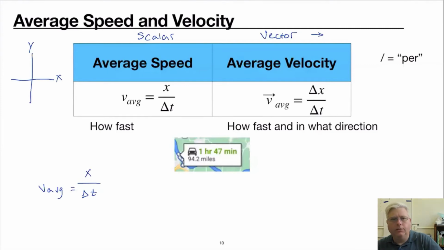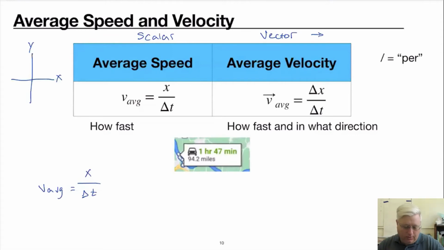But in this class, we're really going to start off keeping things simple, and so we're going to start off with talking about speeds and velocities just in one direction. So we'll start with talking about them just on the X axis, sort of like a number line. We're not going up and down, we're just going left or right, or east to west.